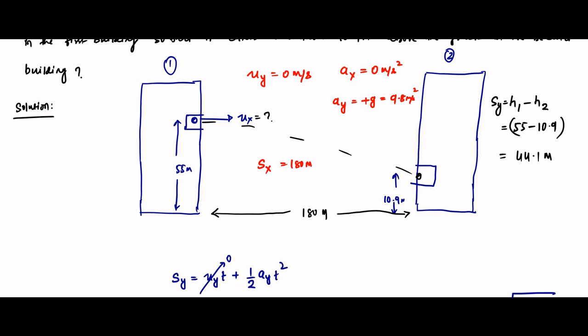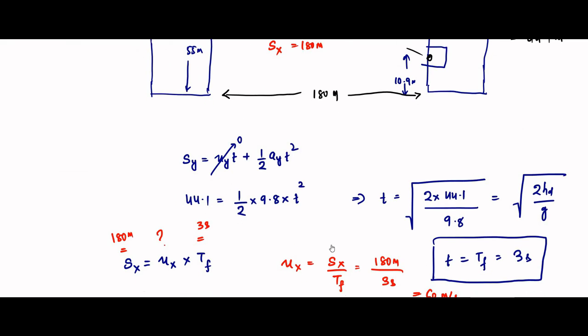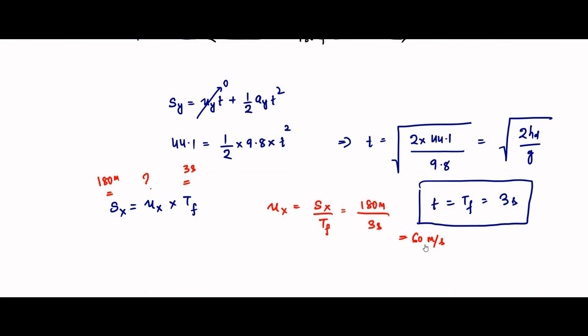So ux is equal to 60 meters per second. Okay, this is the answer.